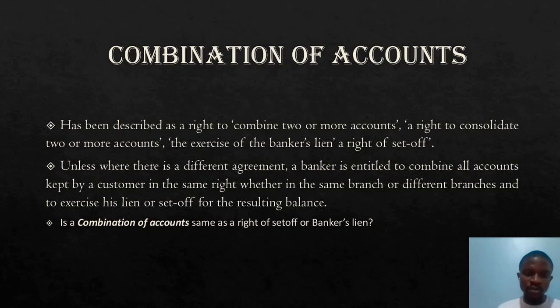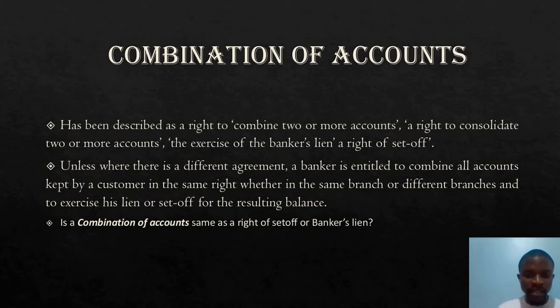It happens in so many places, and it is under different circumstances that the courts have come to describe exactly the rules that have to be followed before a combination of accounts will happen.